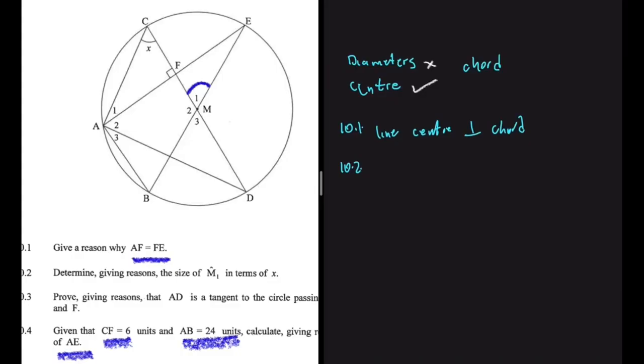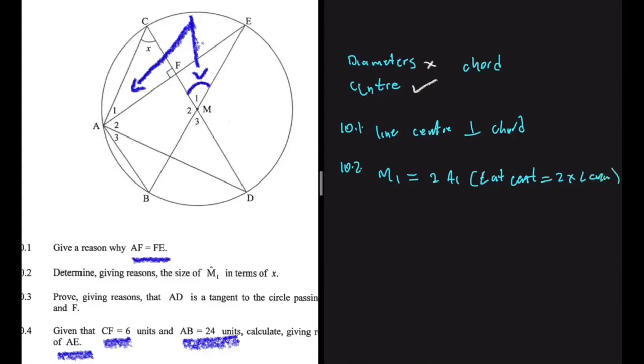So M1 is subtended by arc CE, and that arc CE also subtends angle A1, right? So we can go ahead and say that M1 is equal to 2 times A1, angle at center is equal to 2 times angle at circumference.